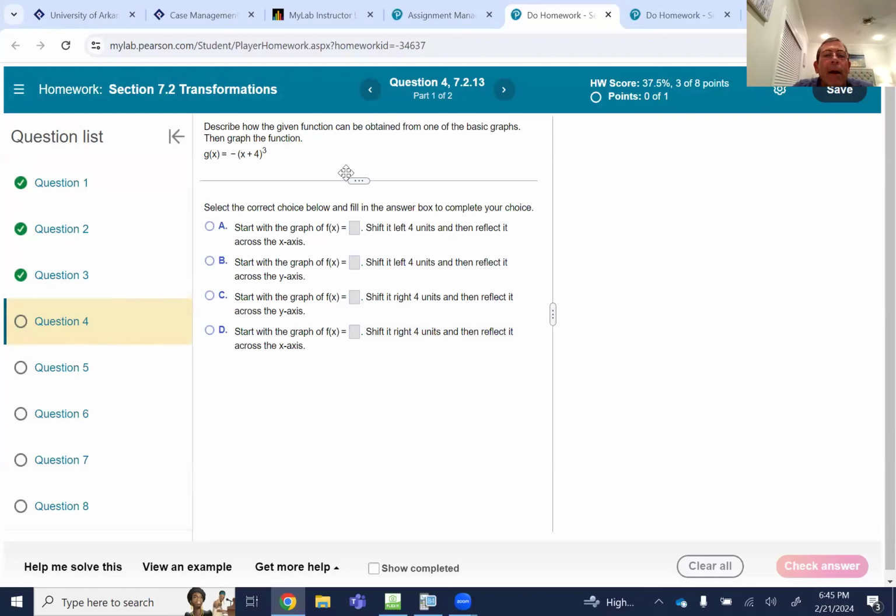All righty. Oh, we got 2 things happening here. I got a negative, and then an x plus 4 in parentheses being cubed. So, first of all, I'm adding 4 to the x inside the parentheses. What's that plus 4 doing? And y'all, this will be the horizontal.